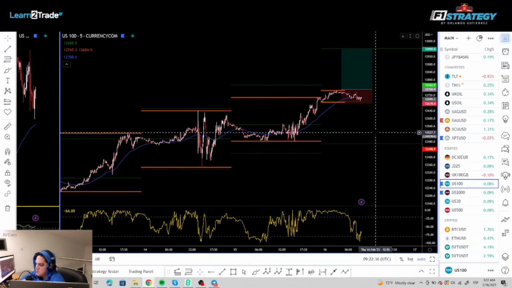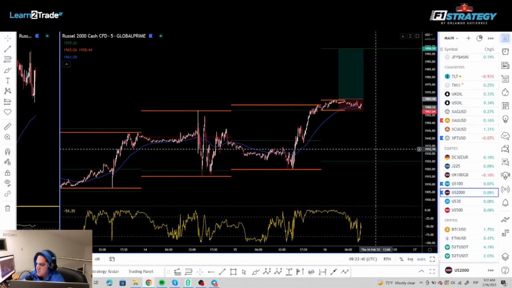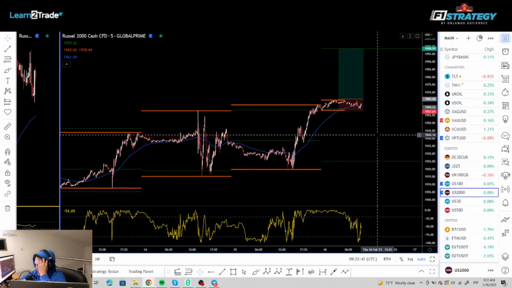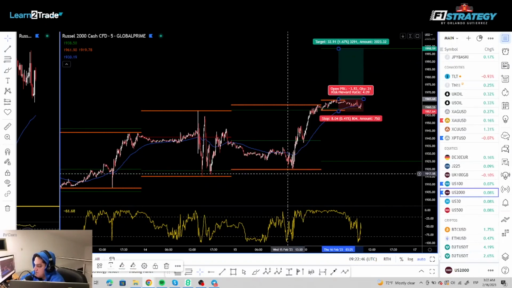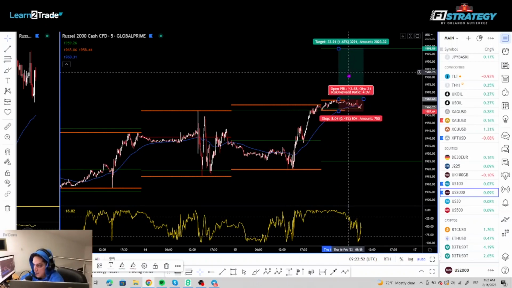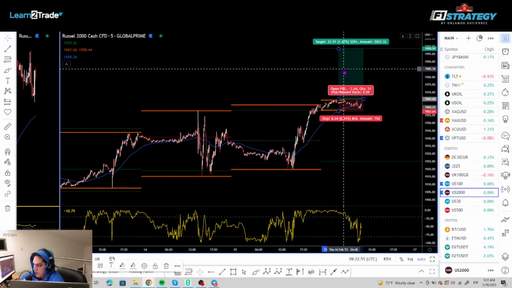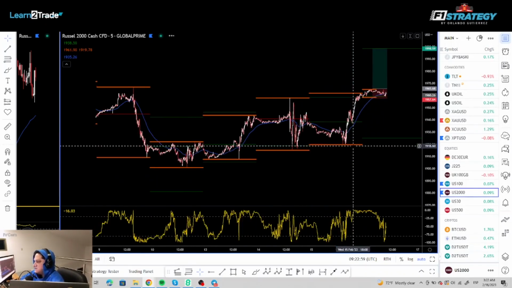This F1 strategy setup on the Dow, and this one F1 strategy setup on the Russell. Now, look at the Russell 2000. This is a crazy good F1 strategy setup. Everything points to a continuation to the upside.